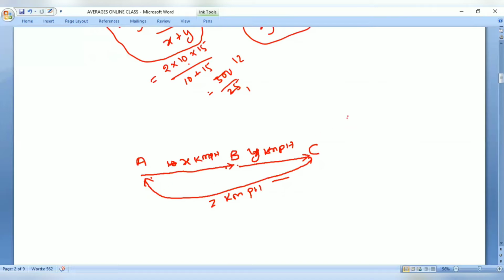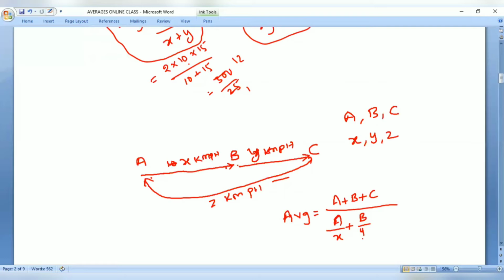In such cases, if the distances are represented by A, B, C, and the speeds with which he traveled are represented by X, Y, Z, then the formula for calculation of average speed says that A plus B plus C divided by A by X plus B by Y plus C by Z. This is the average speed formula for the different distance concept.